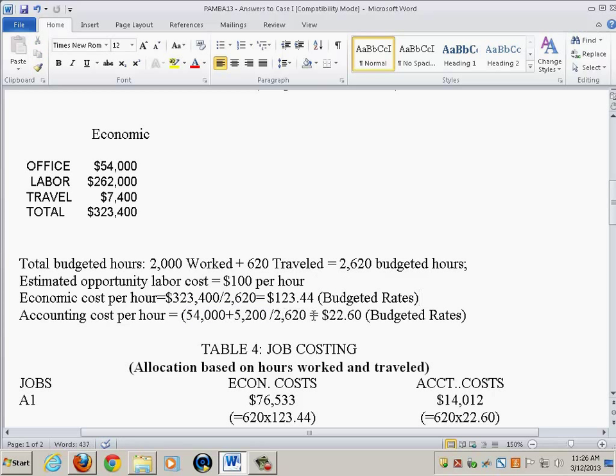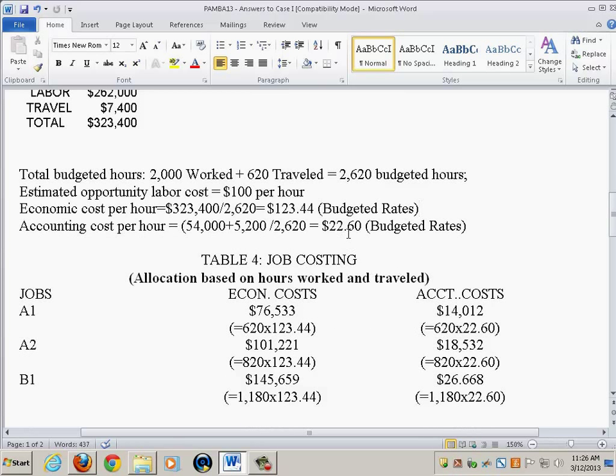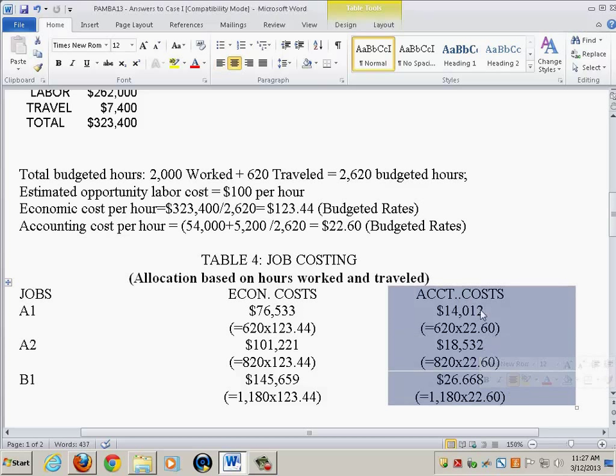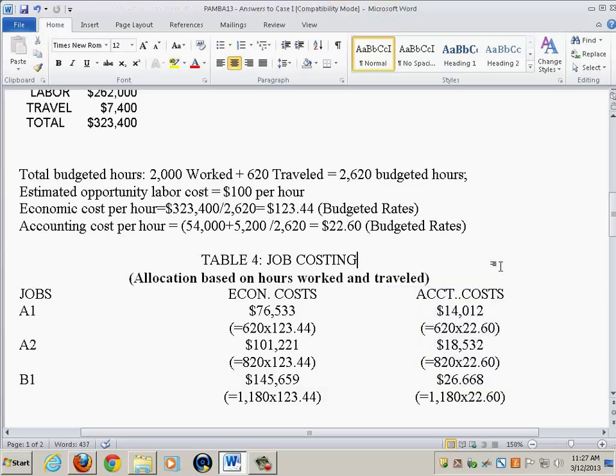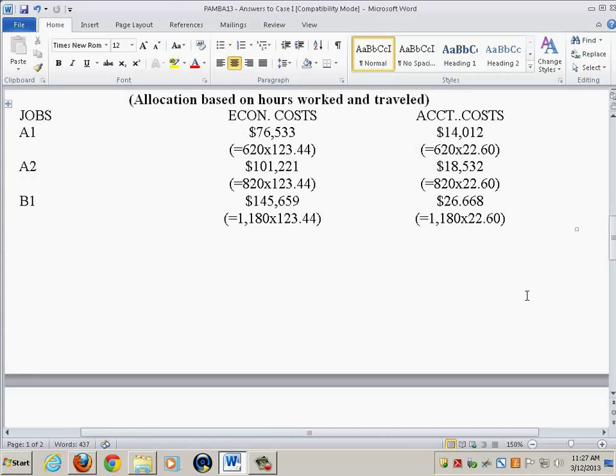So the sum of those divided by the number of hours worked and traveled gives you a rate per hour worked of travel much lower, dramatically lower than in the economic costing, $22.60 compared to $123.44. So you use this rate and you get the cost numbers using accounting costs. And not surprisingly, they're dramatically lower.